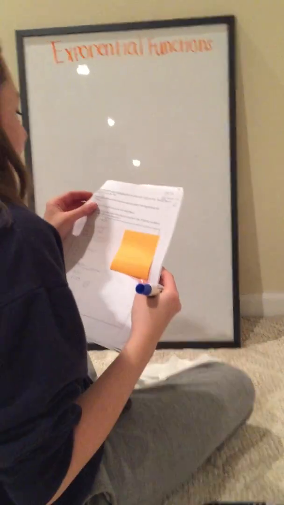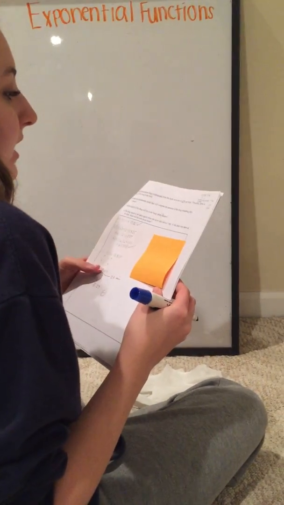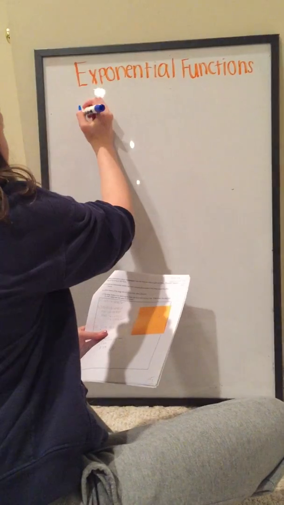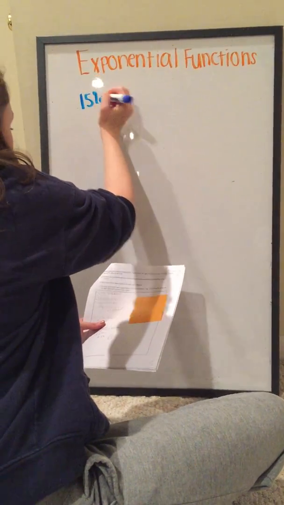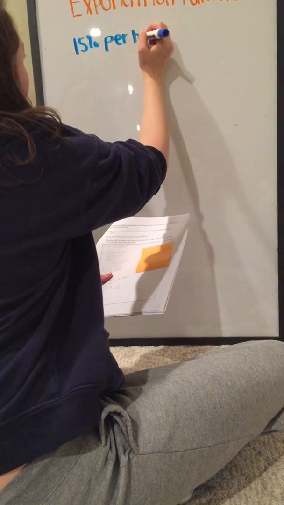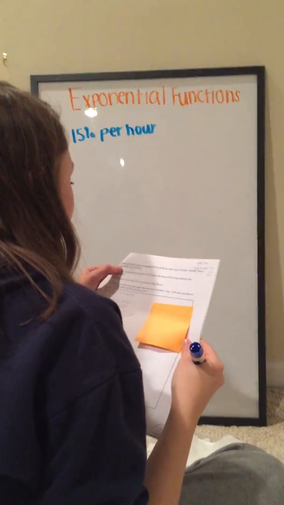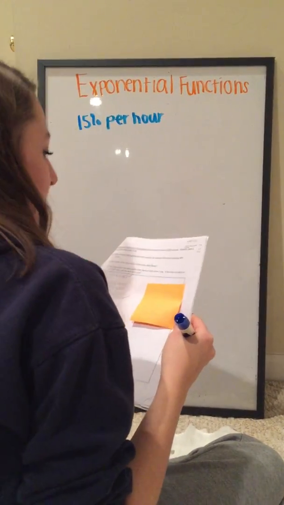It says, a certain prescription drug is eliminated from the body at a rate of 15% per hour. Presently, there is 12 mg of the drug in the body.